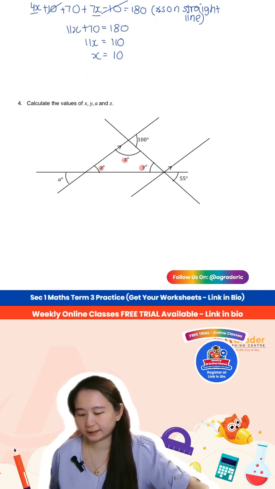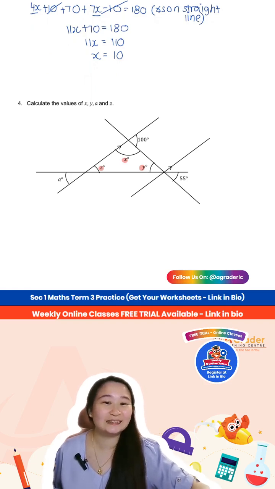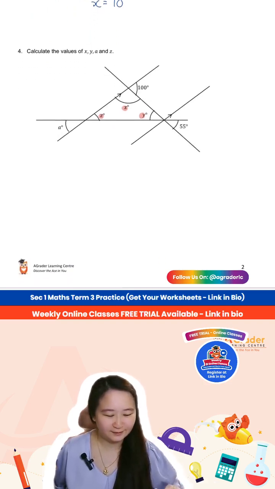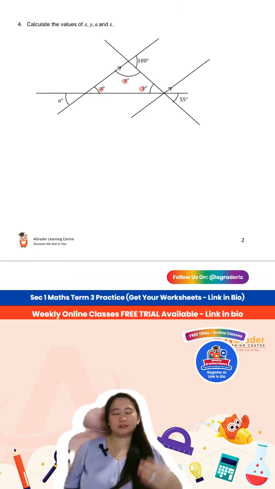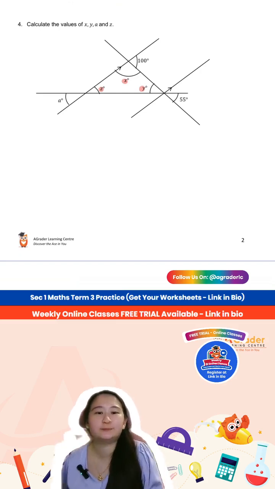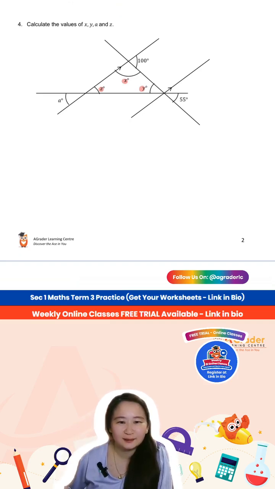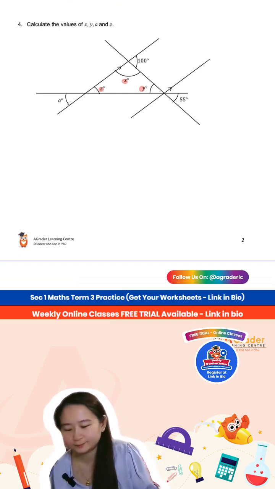Yes, A and Z is 45. This is Sec 1 math. Sec 1 math is actually a build up on primary math. Just that, remember in primary math you don't have to write down all the properties, but in Sec 1 you have to write all the properties. Okay?